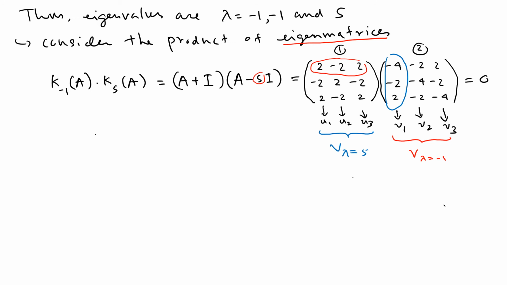That's exactly the same as the first one. Those three columns are linearly dependent. They are just multiples of one single vector, 1, negative 1, 1. So you can consider that as the eigenvector. That's easy.